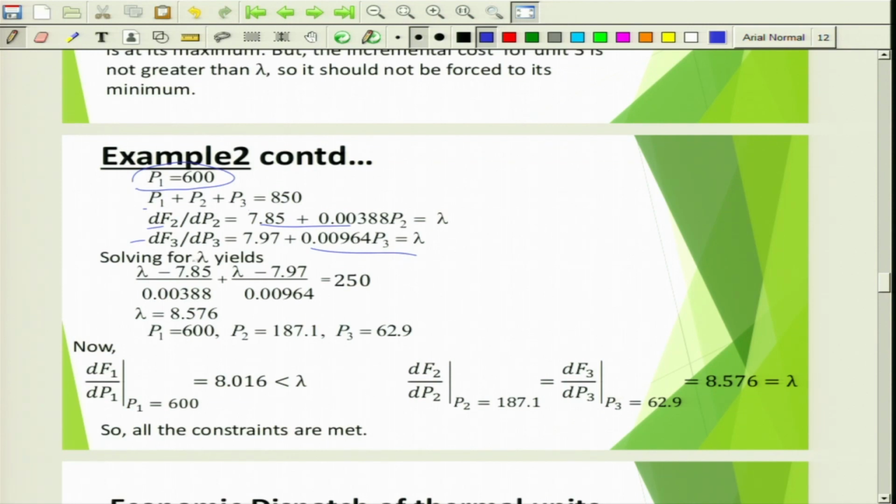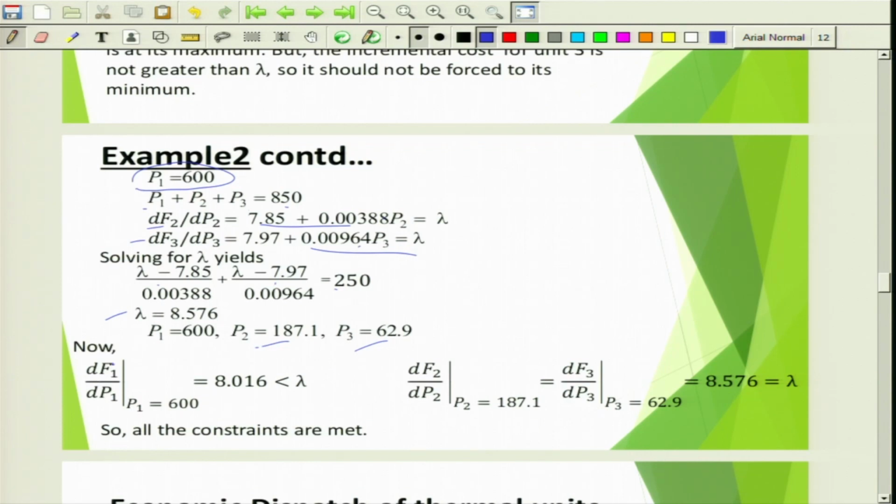Solving for lambda, P2 plus P3 should be equal to 850 minus 600, that is 250. Once you get lambda, you can get the values of P2 and P3, and that comes out to be P2 equal to 187.1 megawatt and P3 equal to 62.9 megawatt. Now you again cross check.